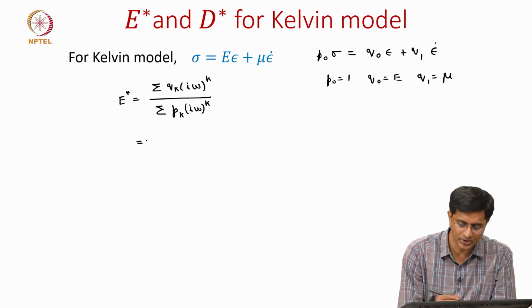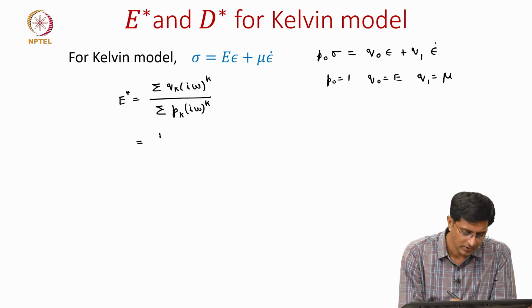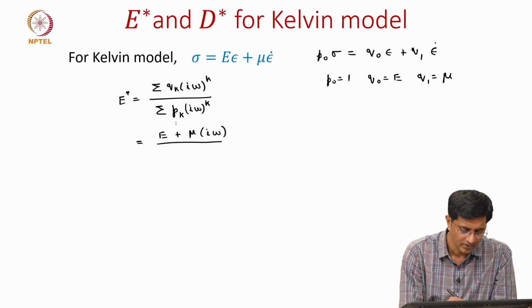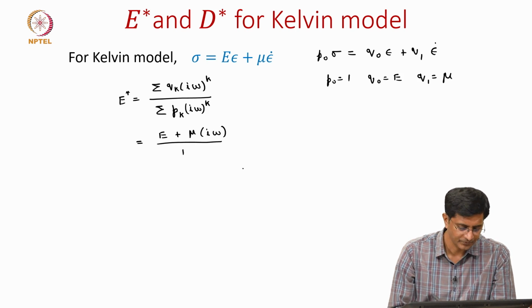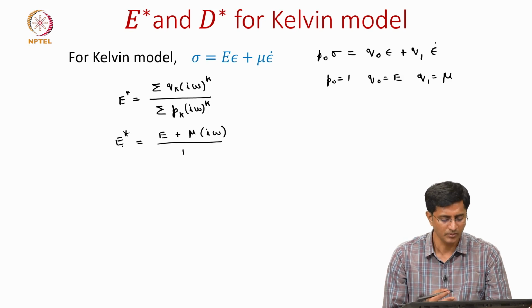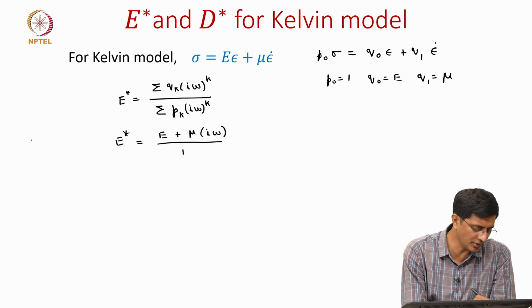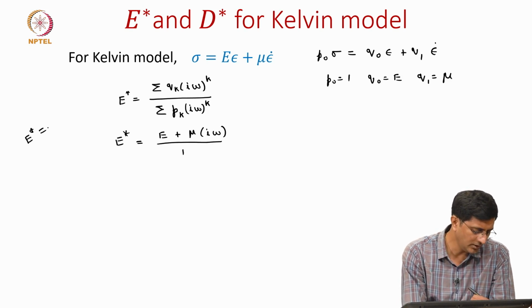So, once I substitute these P's and Q's, it should be E plus mu times I omega by P naught is 1. So, this is an expression for the complex modulus, but looking at this now I should be able to write what are the storage and loss modulus, which is pretty straightforward, because we know E star is simply the storage modulus plus I times the loss modulus.